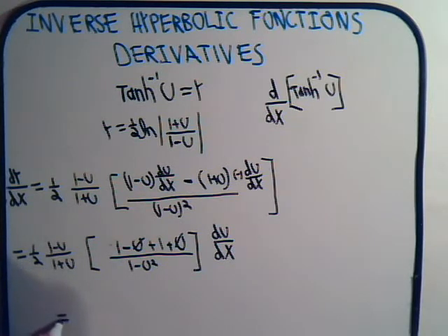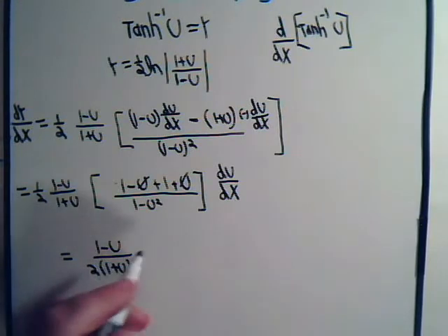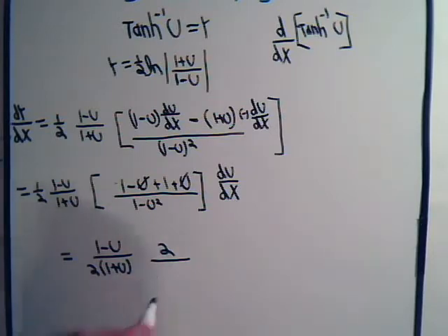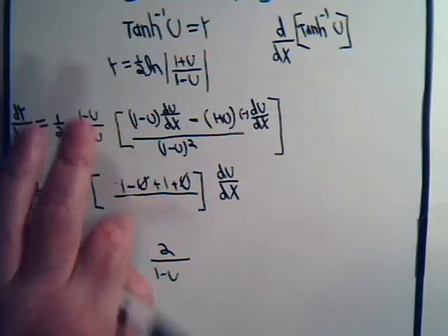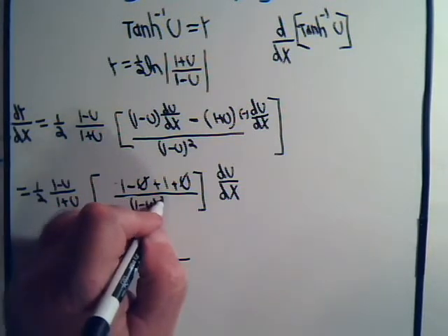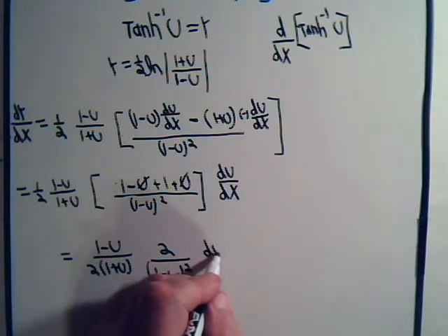This will be equal to (1 minus u) divided by 2 times (1 plus u). That's just writing this over here. And up here we have 2 divided by (1 minus u) quantity squared, times du/dx.